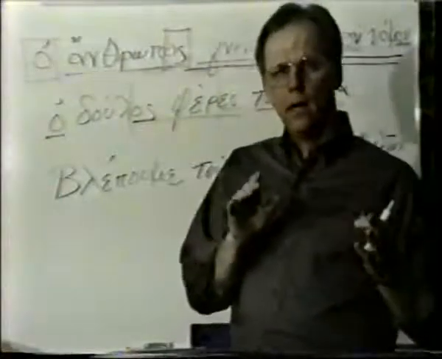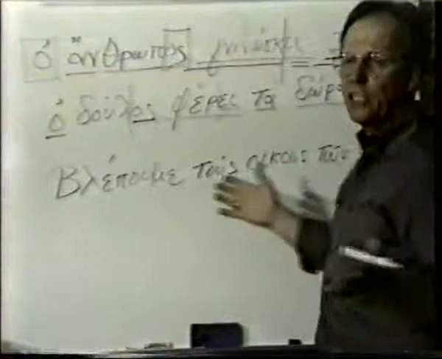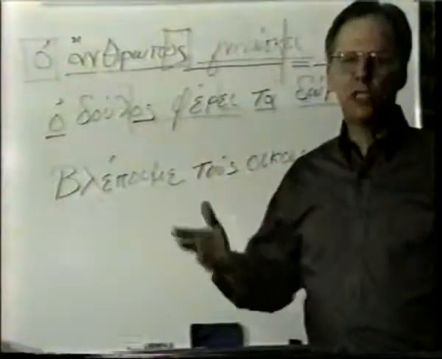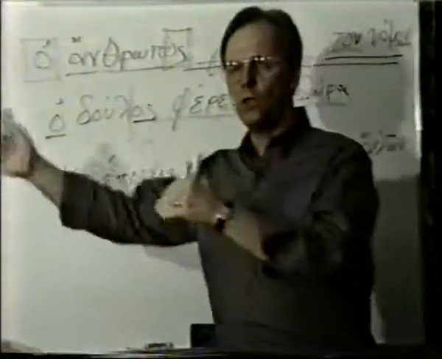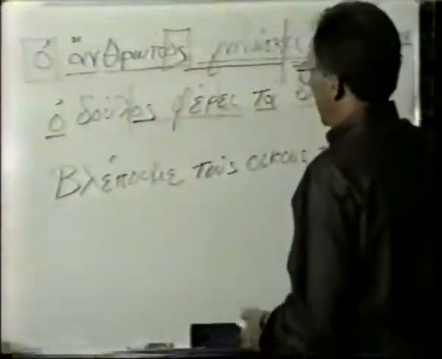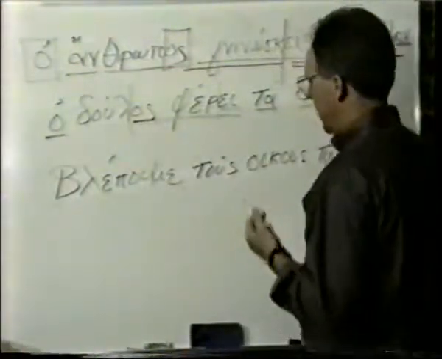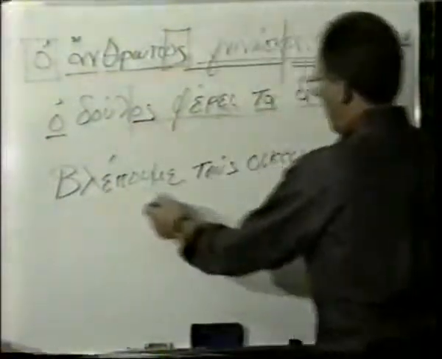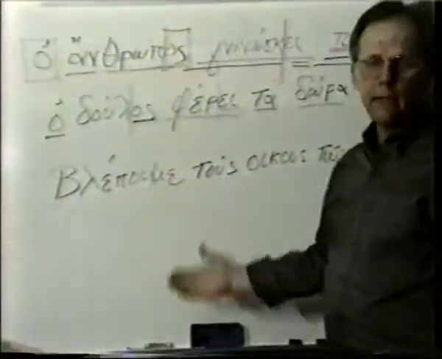Now, another unique thing about Greek is our sentence structure has no definite structure. Although with usage you do fall into a particular way of phrasing things. But unlike English, and I think I made reference to this in one of the previous lessons, we can rearrange this sentence any way we wish, and it's going to come out the same.